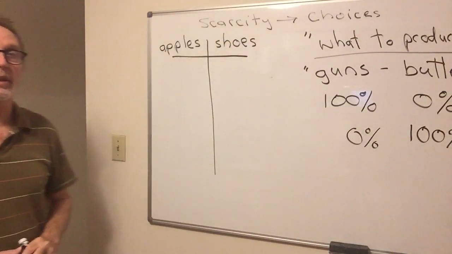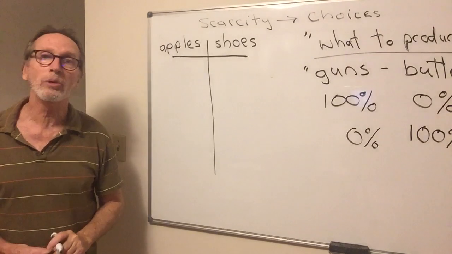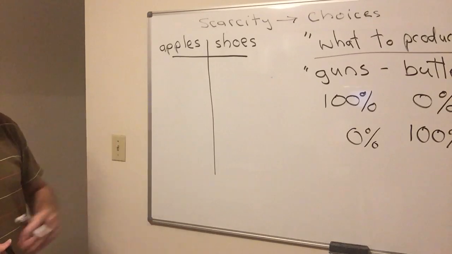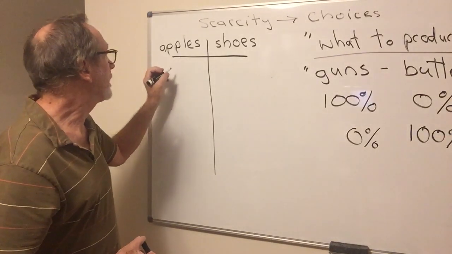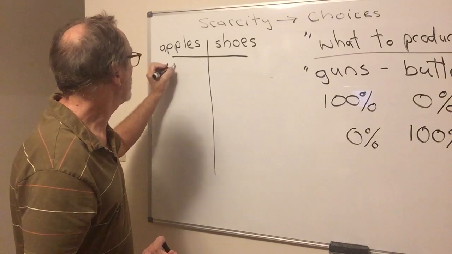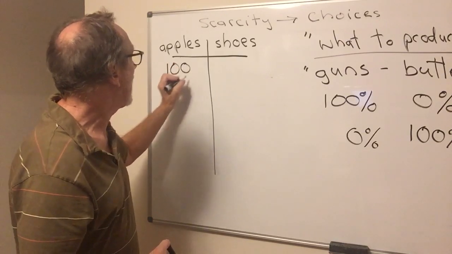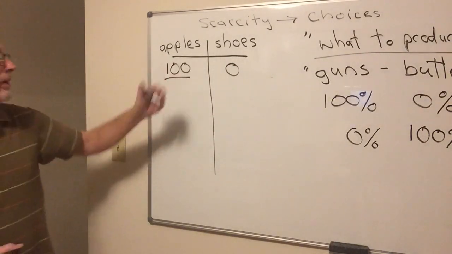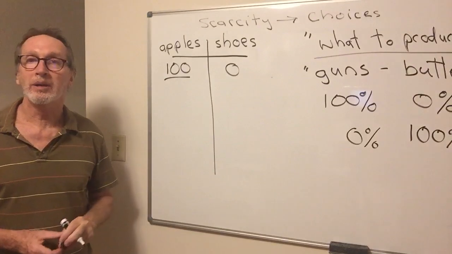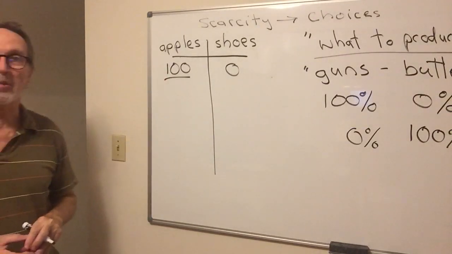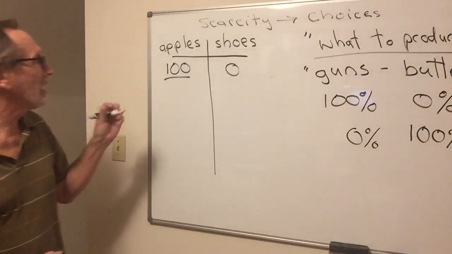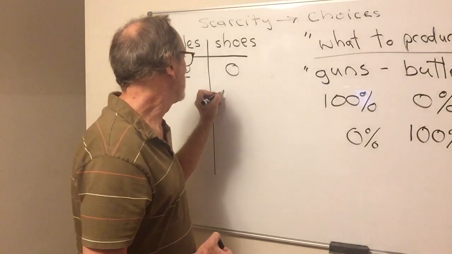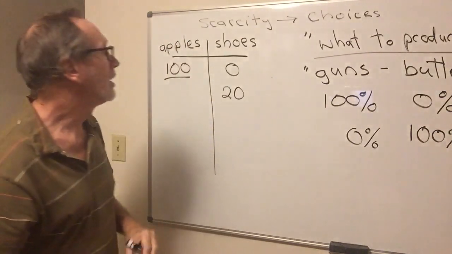This is going to be what we call a production schedule for a country or a region. They said, well, we can put all our resources and make 100 units of apples, but we make 0 shoes if we did 100 units of apples, right? And units could be thousands or millions or whatever, just go with the number. It's 100. But now say you wanted to make more shoes. You'd like some shoes. So maybe we're going to make 20 shoes, maybe 20,000.